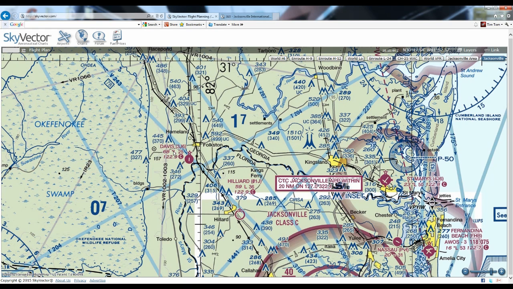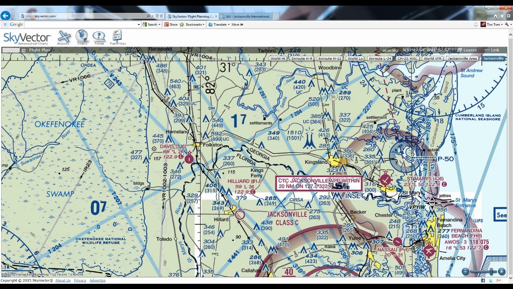Versus Folkston, we see the L with the asterisk. That means that it has lights, but there are limitations. I can tell you off the top of my head that Folkston's limitations are they are on for a few hours after sundown, then they go off, and there's pilot-controlled lighting. So lighting limitations apply here. Basically it means the lights may not be on all night.